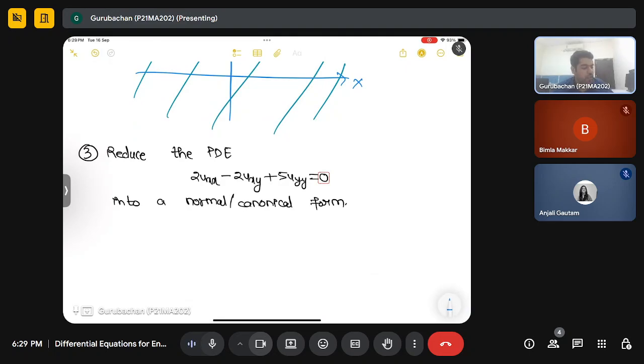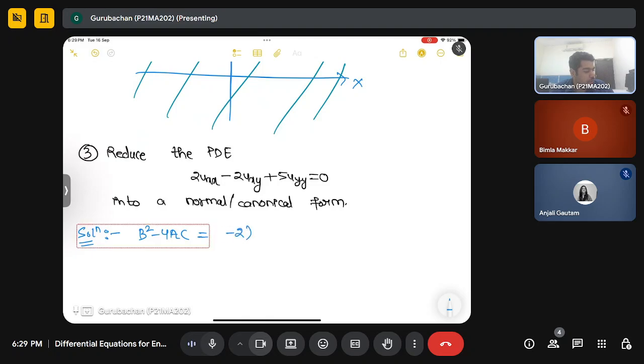The approach is going to be somewhat similar. First of all, we will calculate b square minus 4ac, because this decides how we can transform the variables x and y into xi and eta. There will again be 3 categories of xi and eta, depending on the sign of b square minus 4ac. So what will be b square minus 4ac?